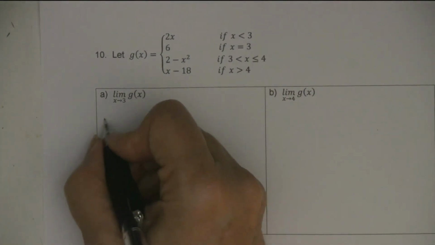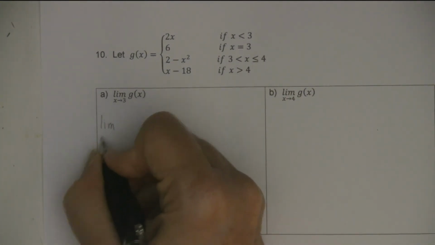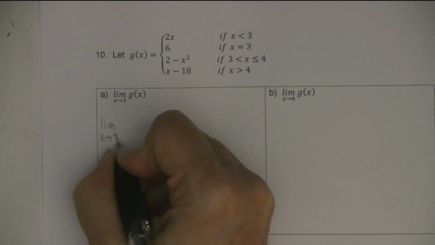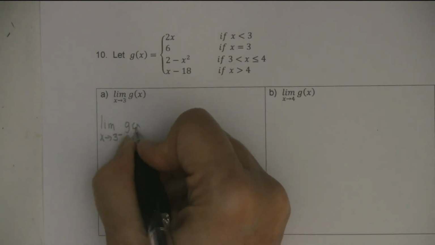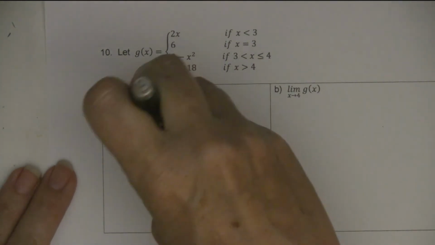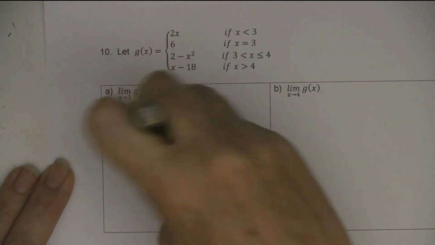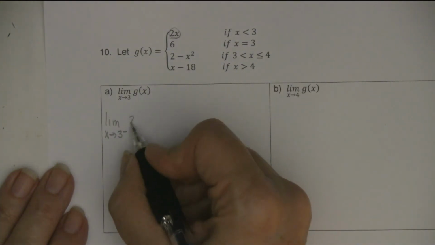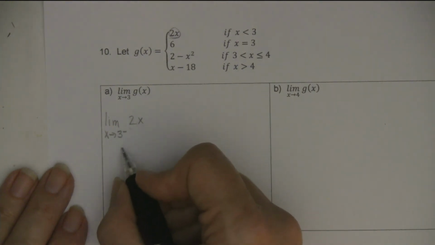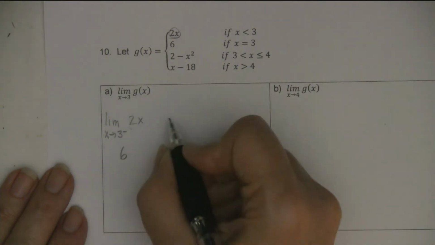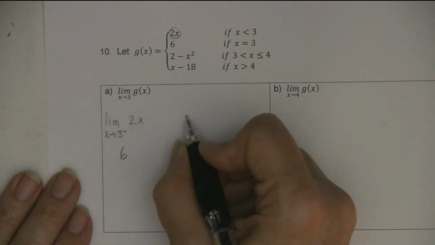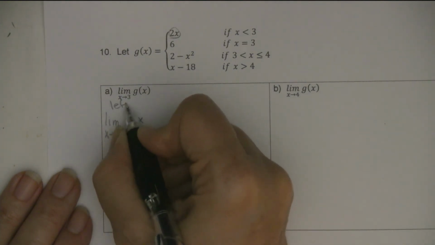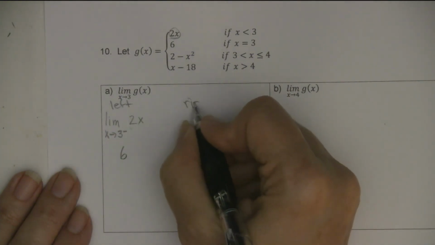So I need to show that the limit as x approaches 3 from a little bit smaller than, the function that I would use is 2x. And this is a polynomial, so I could use substitution. This is 6. This was my left, and you need to look at your left and your right.